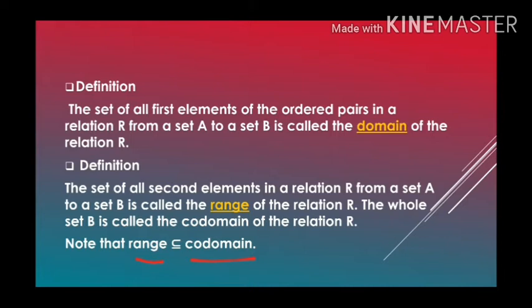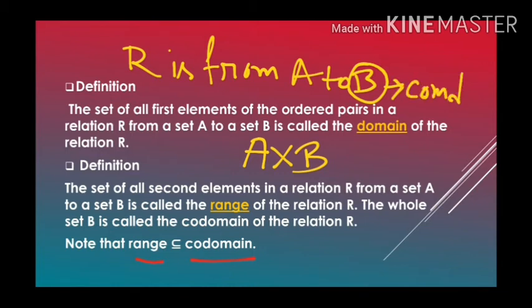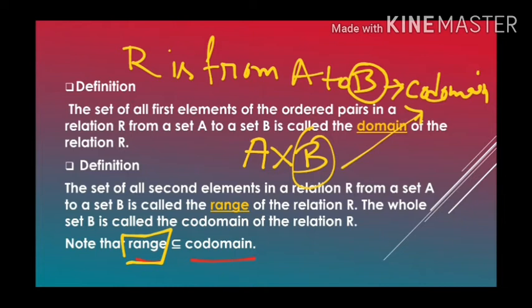That means, suppose the Cartesian product is A cross B, or the relation is from A to B, this second set B is considered as codomain. So you can easily say that the range set will become a subset of codomain.